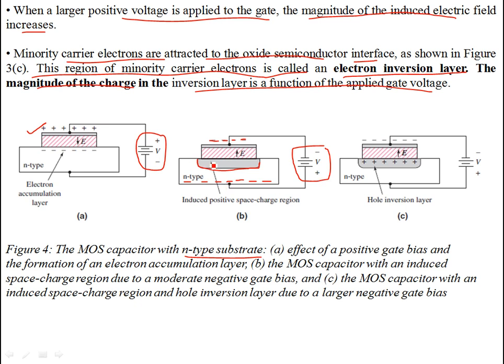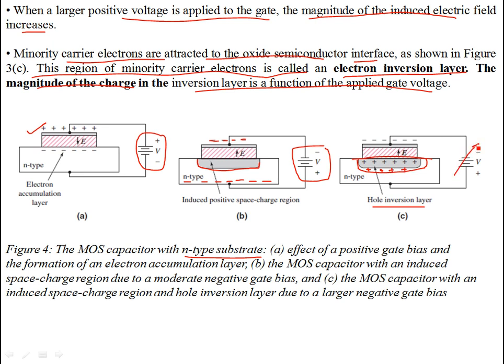The same depletion width emerges, and this layer, known as the hole inversion layer, will consist of positive charge at the interface of the oxide and the semiconductor. Once again, this depletion width can be increased; you can have more positive holes if you increase the supply voltage.